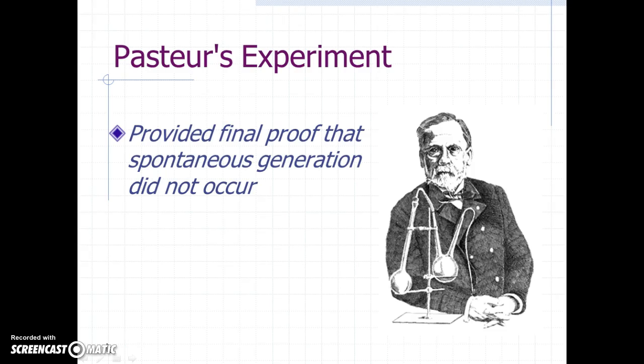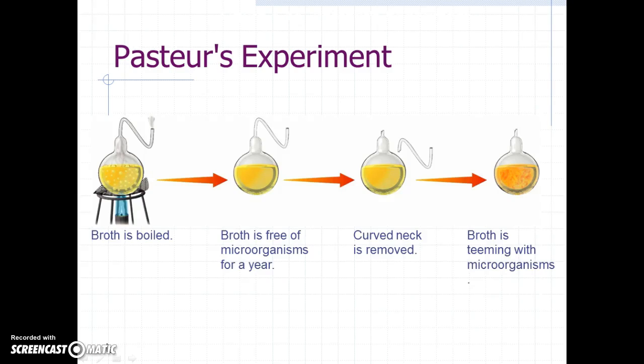Now, Pasteur provided final proof that spontaneous generation didn't occur, because even after all those experiments, there were still doubters. People said the reason why there were no maggots, there were no bacteria, is that they didn't have enough air. And so he decided to test this.